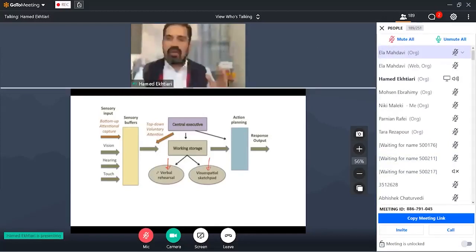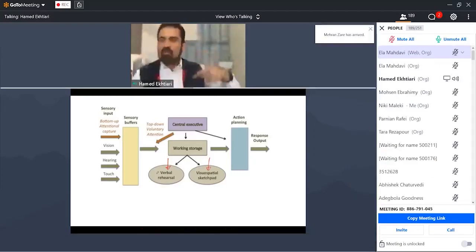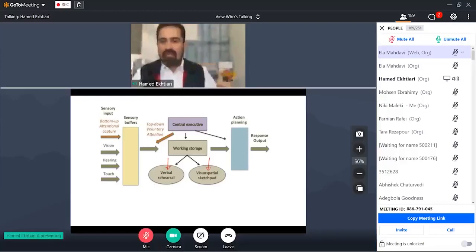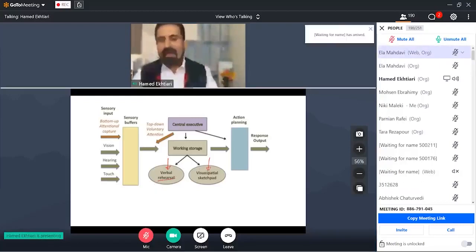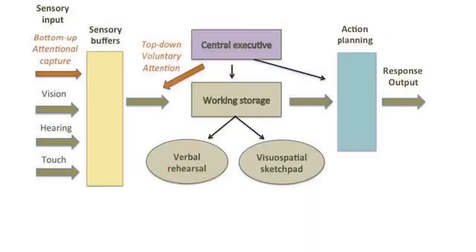When we want to keep a phone number in our working memory for a while, we repeat those numbers. That is the way we keep information in verbal working memory, what we call verbal rehearsal.